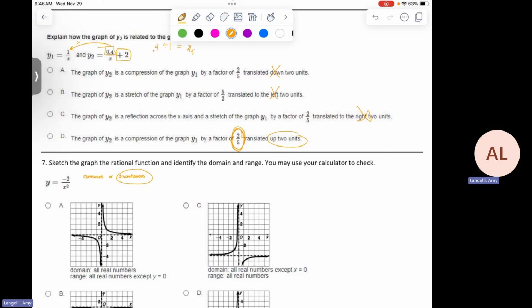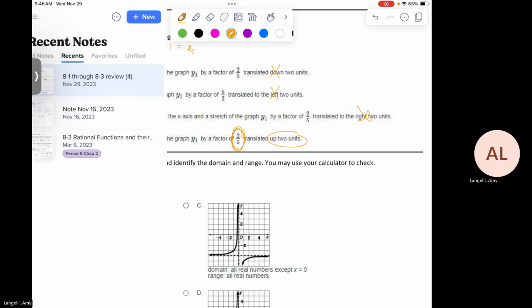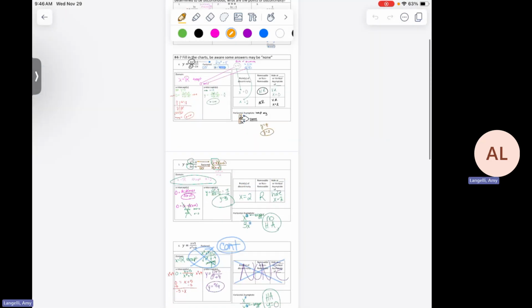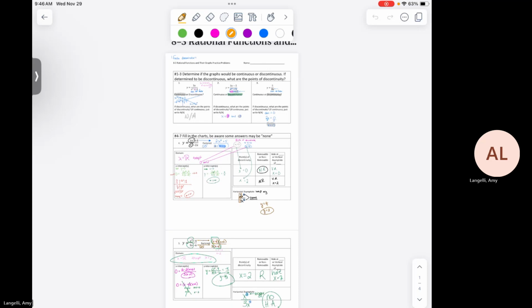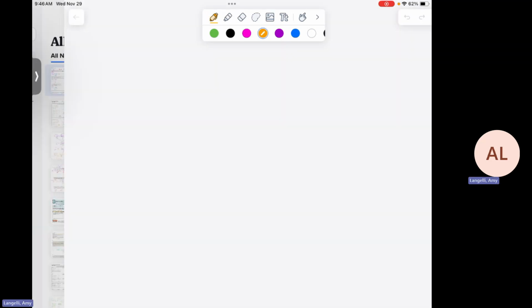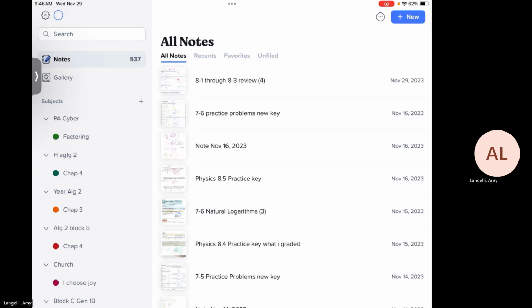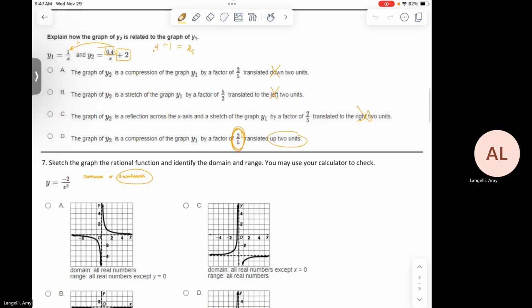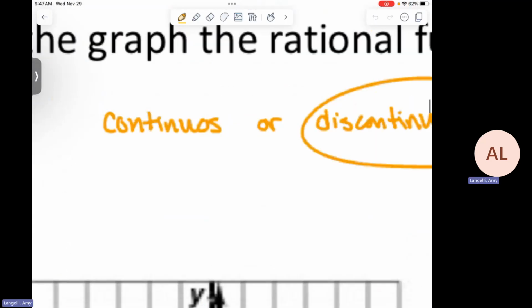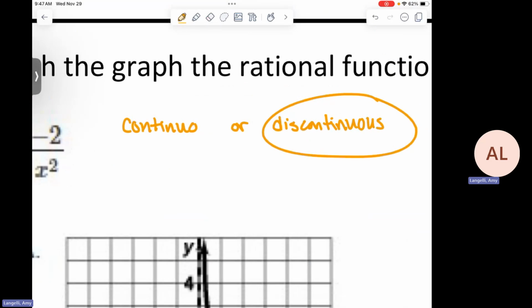Is there an extra U in that? I'm really embarrassed by myself right now. There is an extra U. Okay. That's how you spell it. That's better. Okay. That is discontinuous.